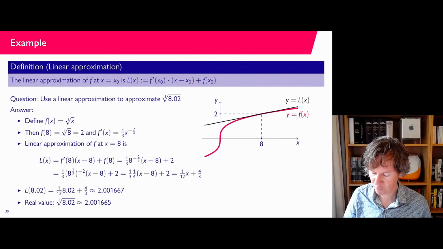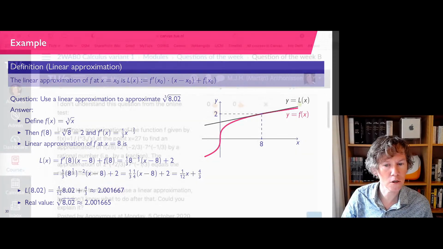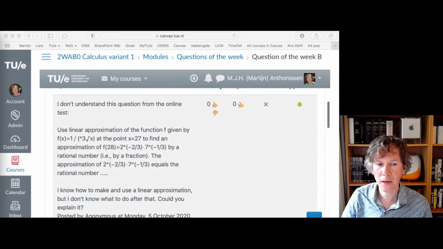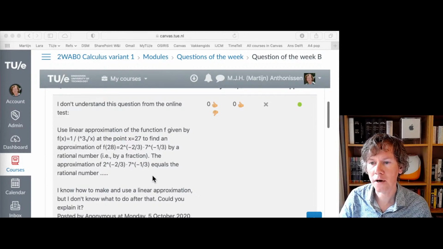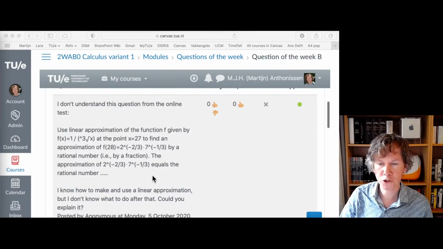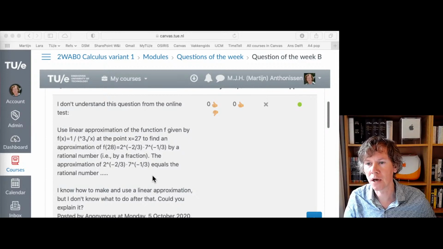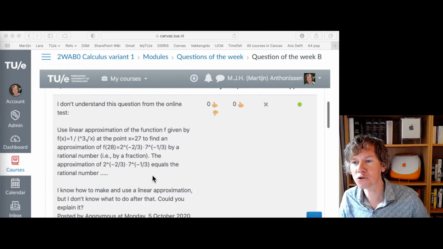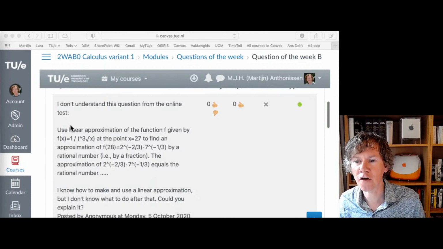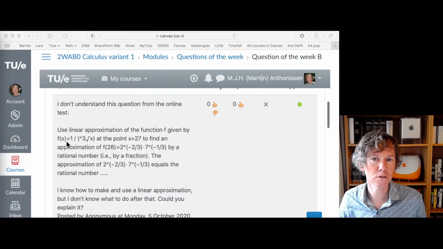So if I go back now to the questions, the top question that we have here, the online one, you see that this is very near what I was just showing you, the slide from last week. Here it is being asked to have the function f of x equals 1 over the cubic root of x.